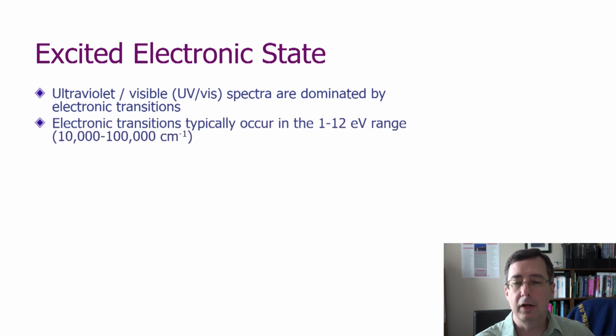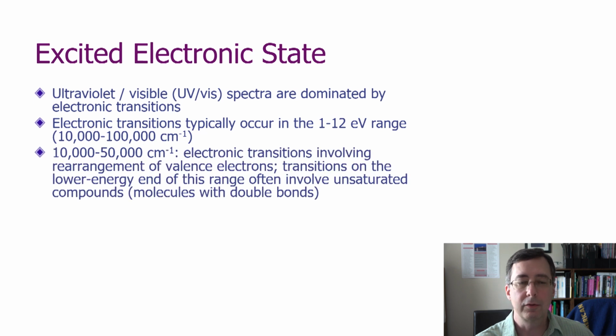These typically occur in the 1 to 12 electron volt range. If you like wave numbers, that would be something like 10,000 to 100,000 wave numbers. So it's a pretty large energy transition, especially compared to other things like vibrations or rotations.